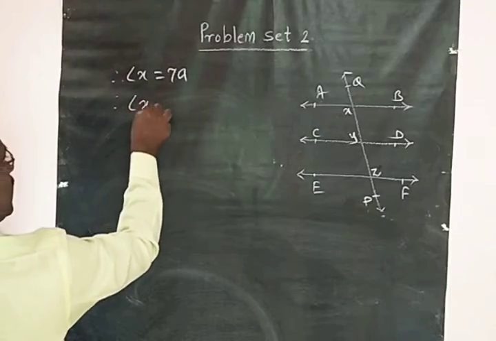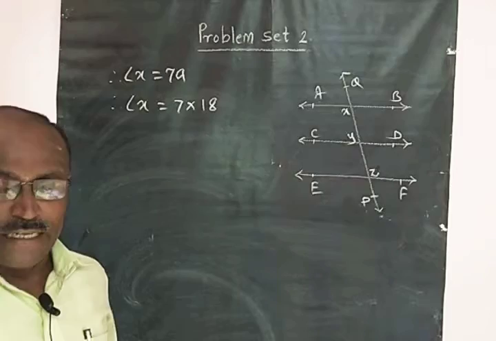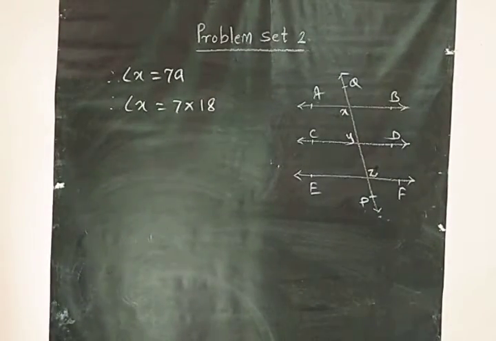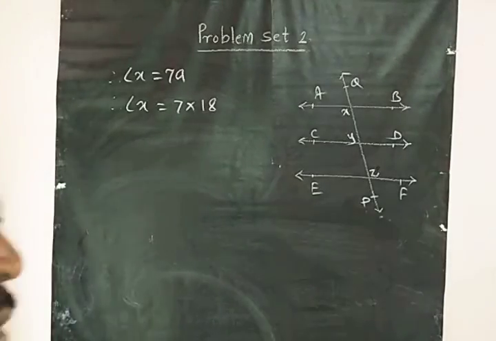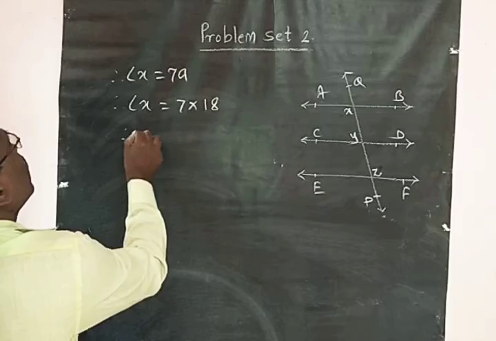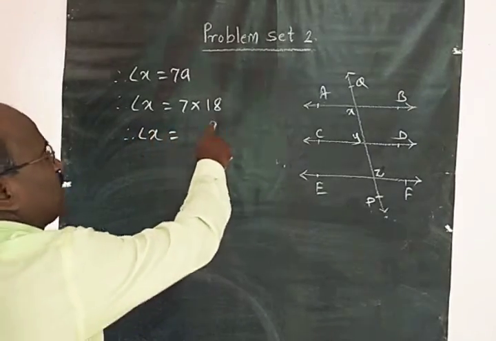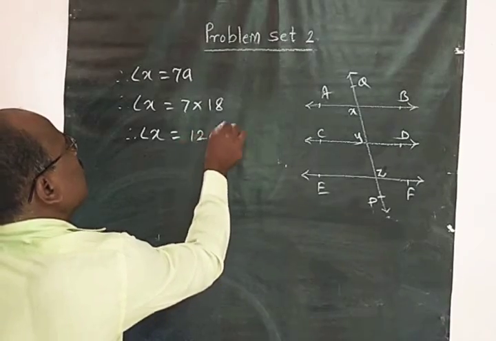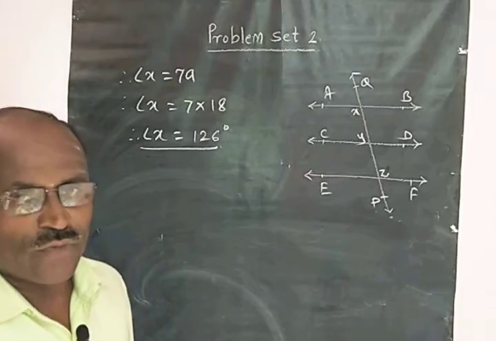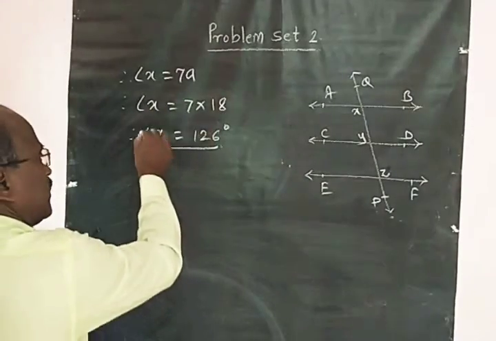Therefore angle X is equal to 7 into the value of a, which is 18. Find the multiplication of 7 and 18. 7 times 18 is 126. Therefore angle X is 126.